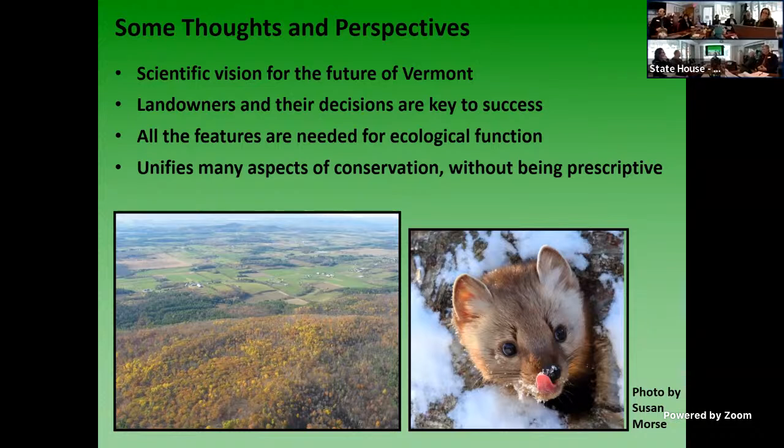It's a vision that depends on all of these features. We can't pick out, say, just the habitat, just the connectivity blocks and old forest and hope to have ecological function. We need the full suite of these things all interacting together if we're going to have an ecologically functional landscape. And it's a way to bring together many aspects of conservation.